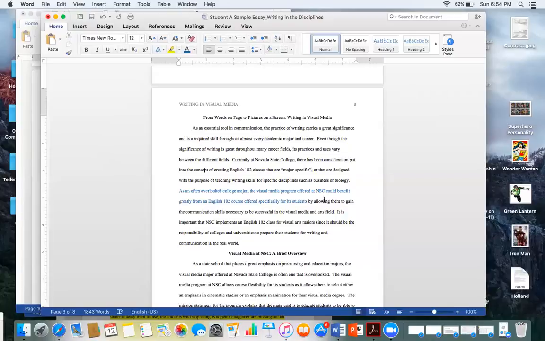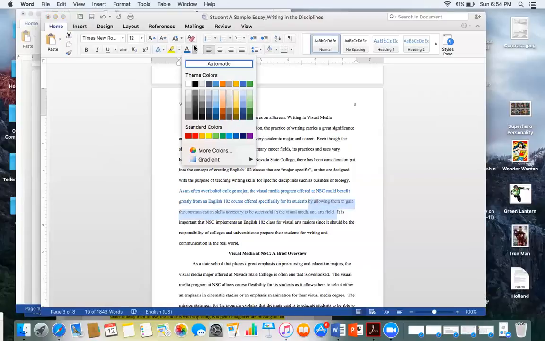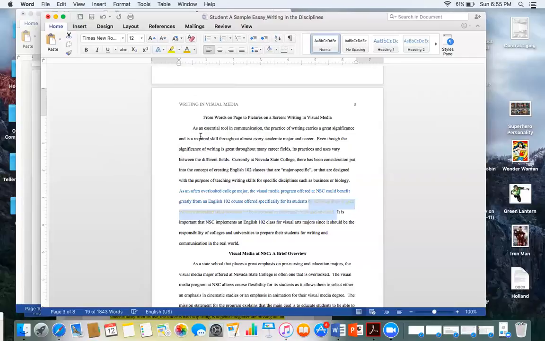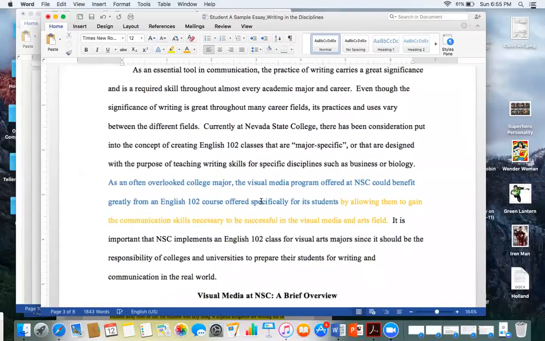Well, the student is going to demonstrate that these discipline-specific classes allow students to gain the necessary communication skills to be successful in the field. So I'm going to actually highlight this in a different color. I'm going to use green. I'm going to use orange. Hopefully we'll be able to see that. Make that a little bit bigger, okay?